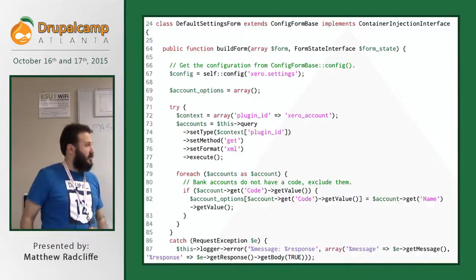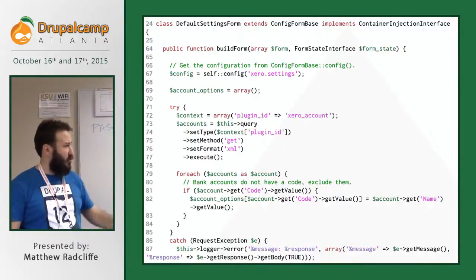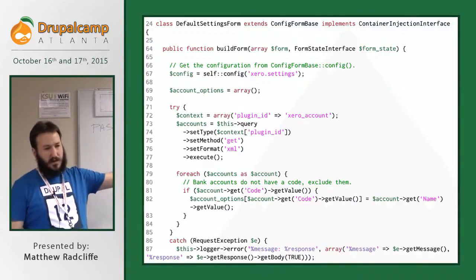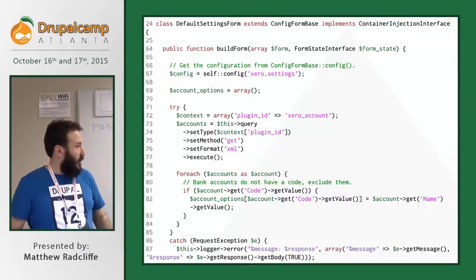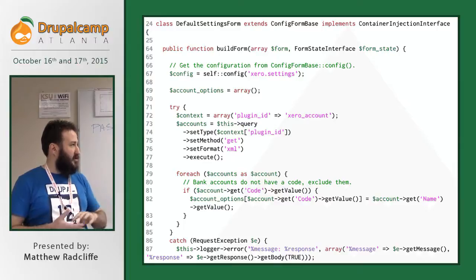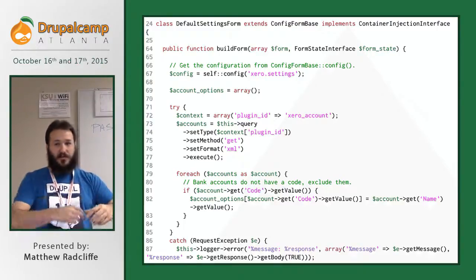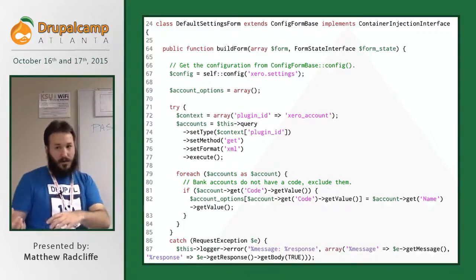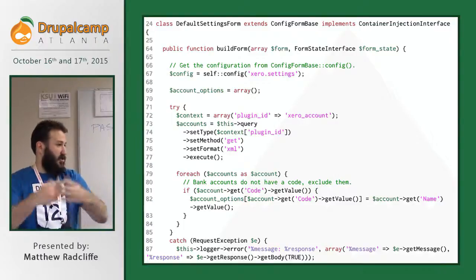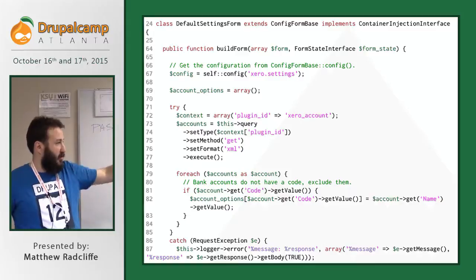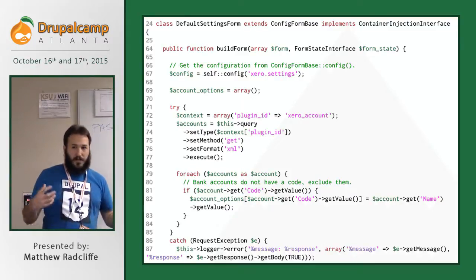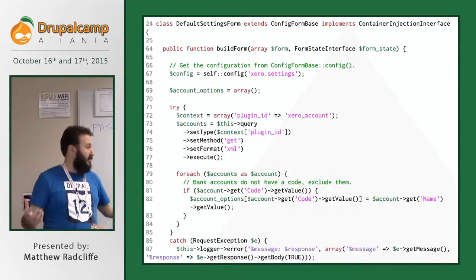I want to get accounts. The Xero query method, I'm going to get to that in one moment. The Xero query class just basically does all the Guzzle stuff and the serializing stuff for me. I wrote that. And then it returns type data. So my return type is this accounts variable, which is a data type that's a list of accounts.